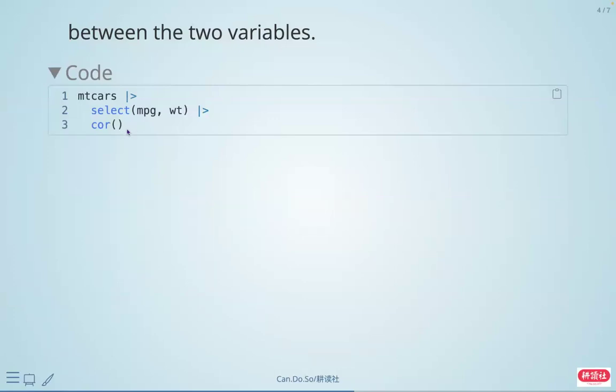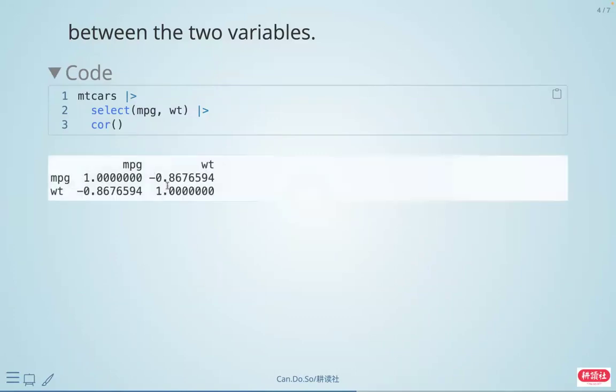Now we can use the cor function, the correlation function, to find out the relationship. This is actually the correlation matrix. This line is the correlation of each variable to itself, which means mpg to mpg, and this one is wt to wt. The correlation of a variable to itself is, of course, 1.